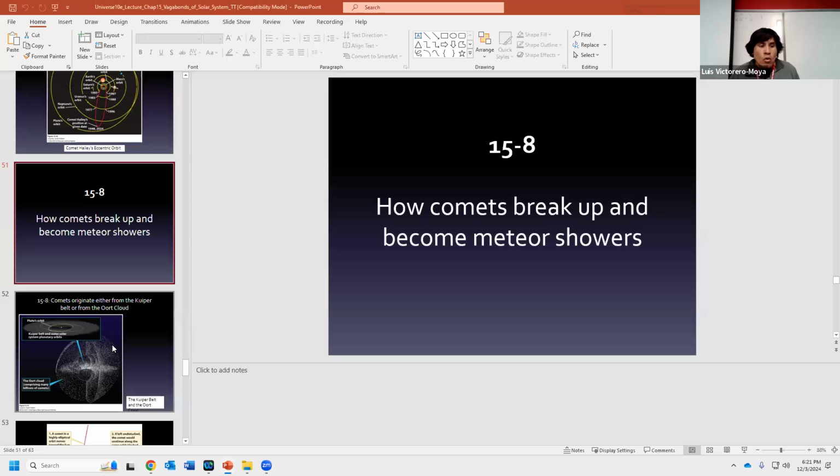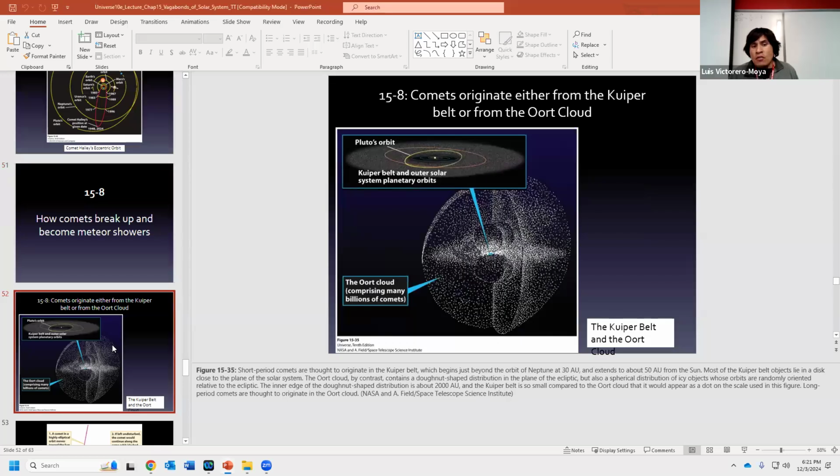Now, when you look at the origins of comets, why do they approach the sun? Remember that there are two places where they originate. We have the Kuiper belt, which are all these icy objects beyond the orbit of Neptune, which is very flattish, by the way. Look at this. That's where Pluto is located. Look at that.